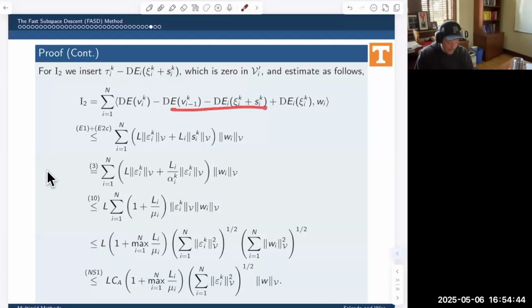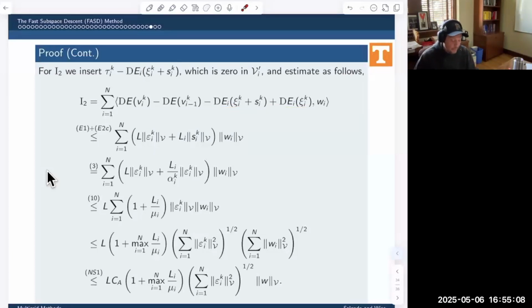Great, because that says that all 3 of those terms are 0. And that is precisely why we choose this form of tau I and this subspace problem, because we get exactly this form out. So that's it right there. That explains the structure of tau I.